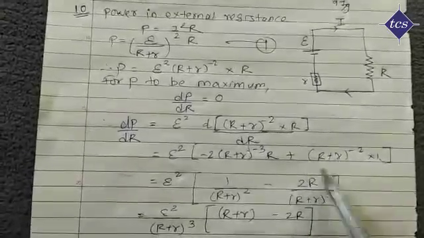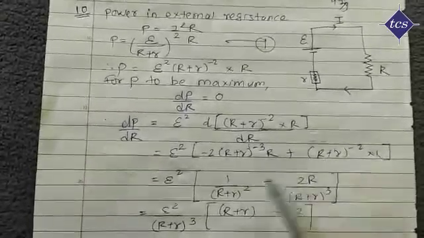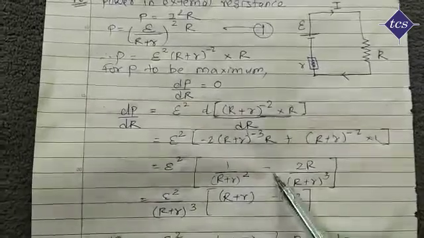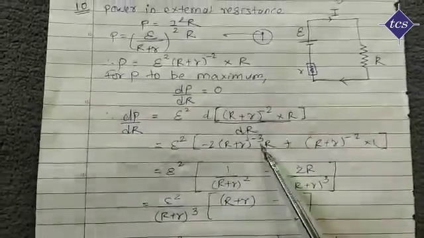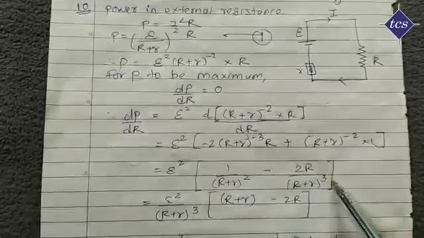So taking the positive term first, 1 upon R plus r squared, minus 2R upon R plus r cubed.